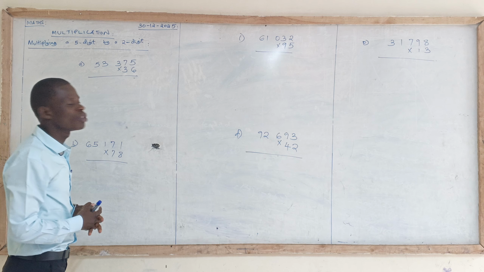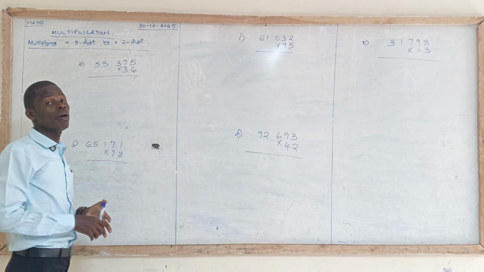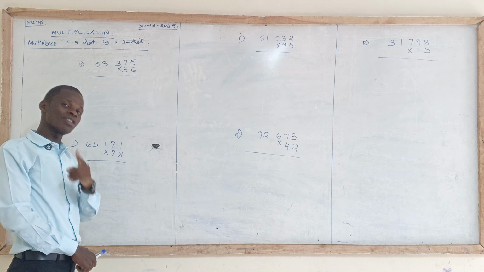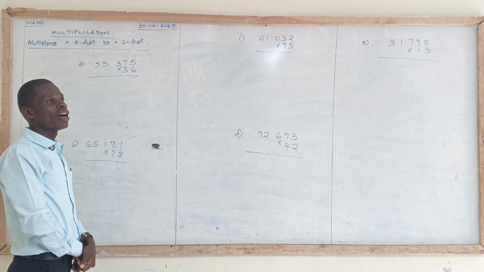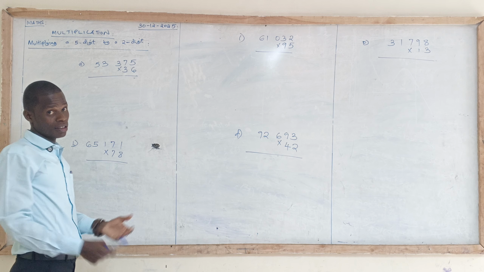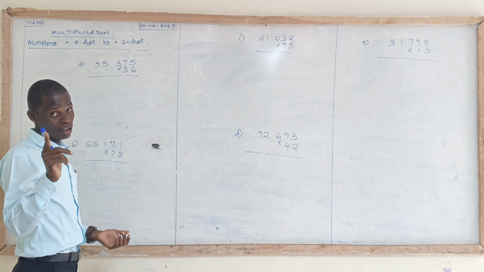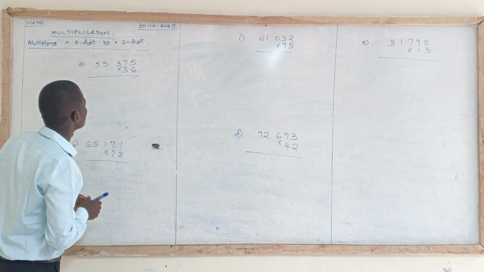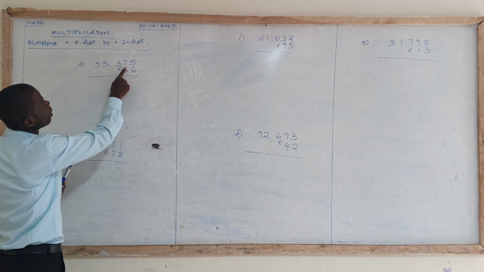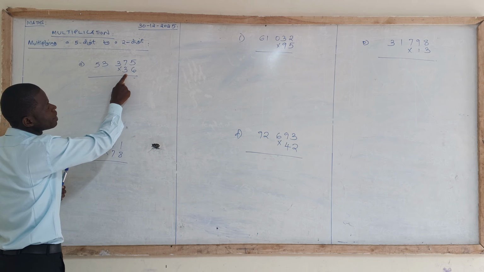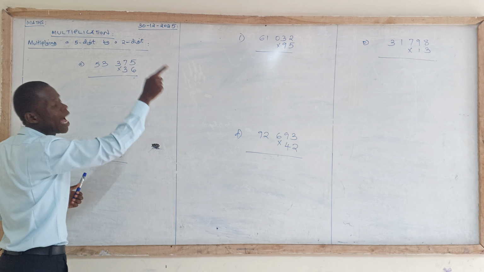Now, let us start. How do you start? Somebody is asking himself or herself. Don't ask yourself that question. There's no harm in trying. You can try it by yourself, but before that, let us do this. Remember, we have two numbers here. I start with the ones digit.